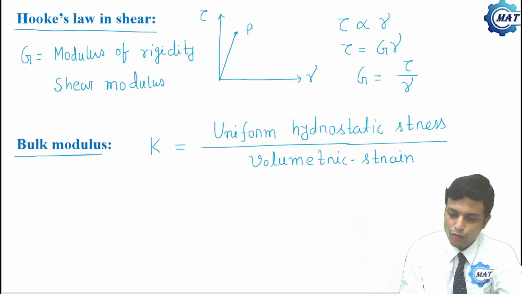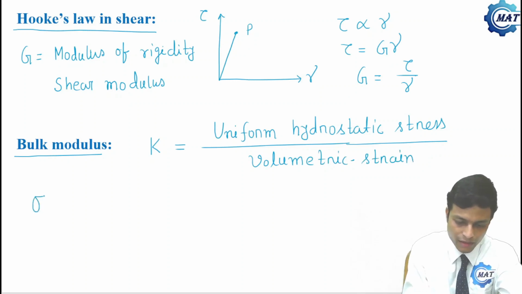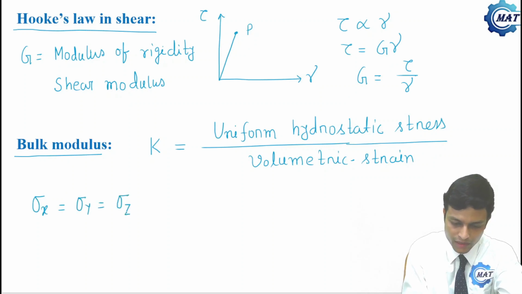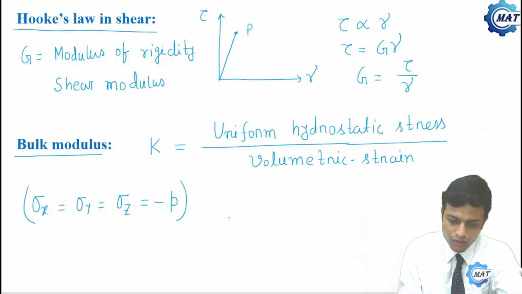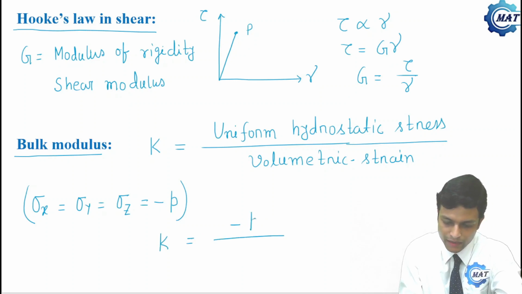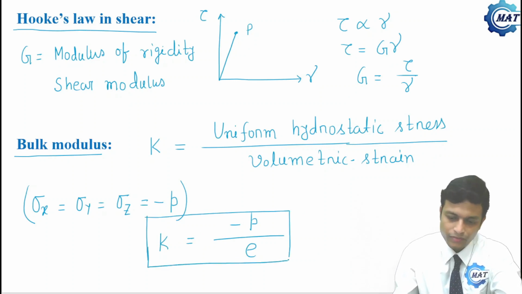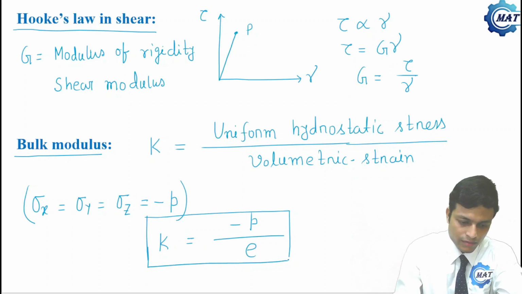The definition of uniform hydrostatic stress is that sigma x, sigma y and sigma z, all three direction stresses, are the same, which is compressive in nature, and that is minus P. So from this we can write K is minus P by volumetric strain, E. So this is the definition of bulk modulus.